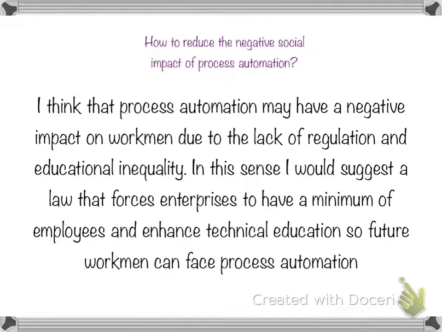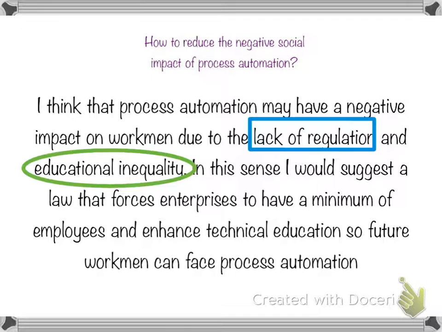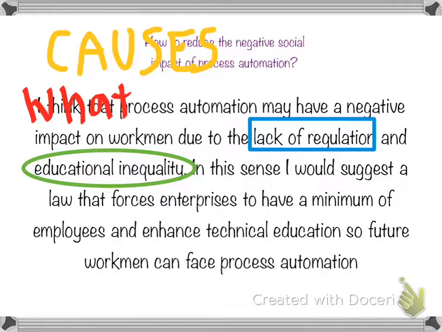Therefore, this time we should analyze the answer. As you can notice, we said that the negative social impact of process automation was caused by two factors: lack of regulation and educational inequality.